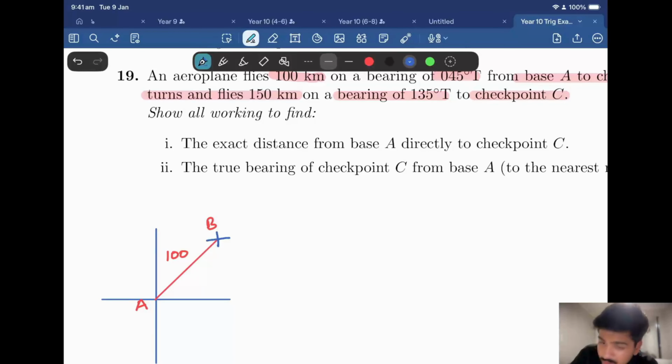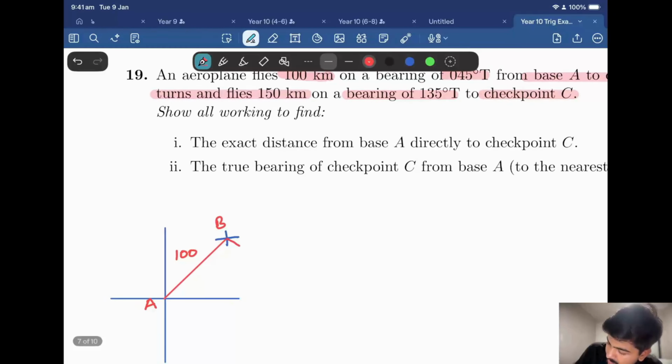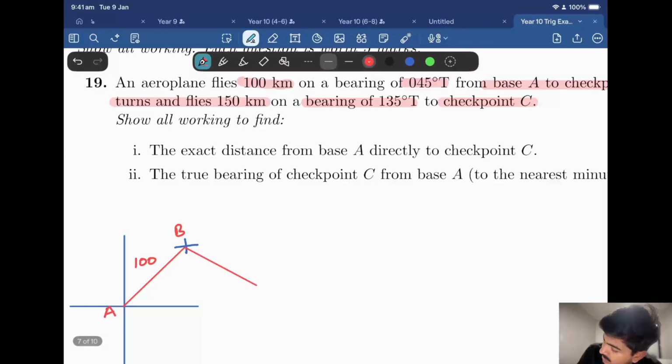We need to draw a little compass rose and figure out where 135 is. We know where 135 is: it is exactly halfway between 90 and 180. And that's checkpoint C.